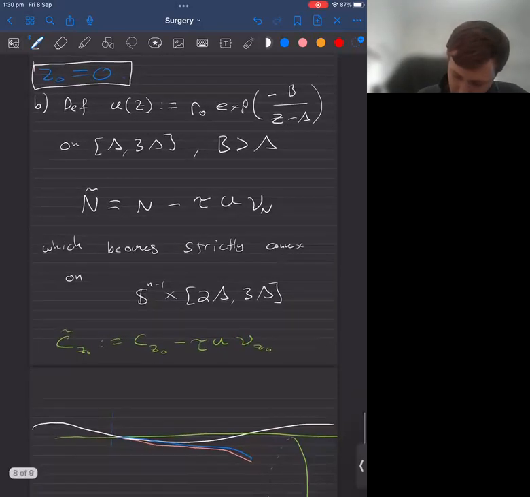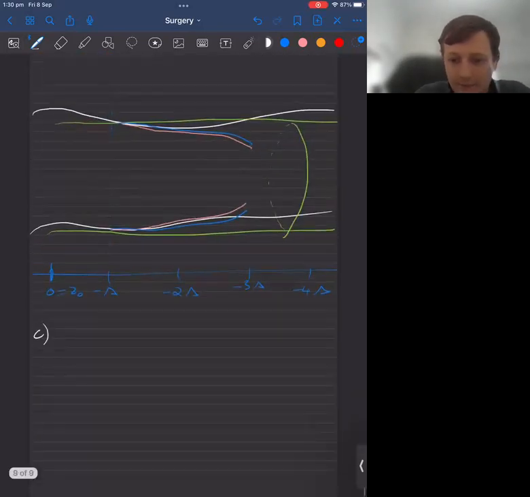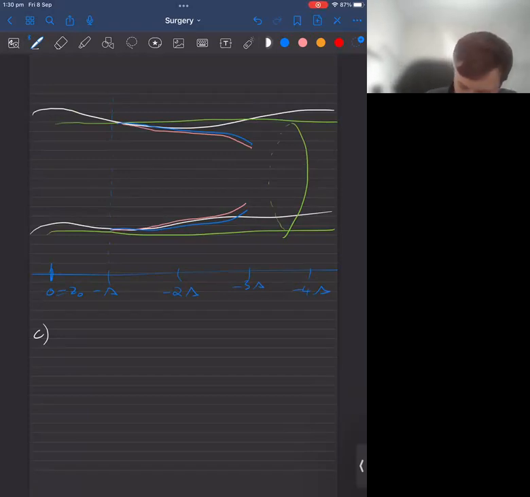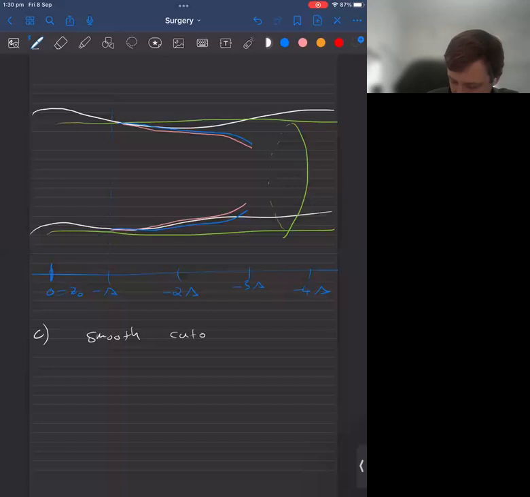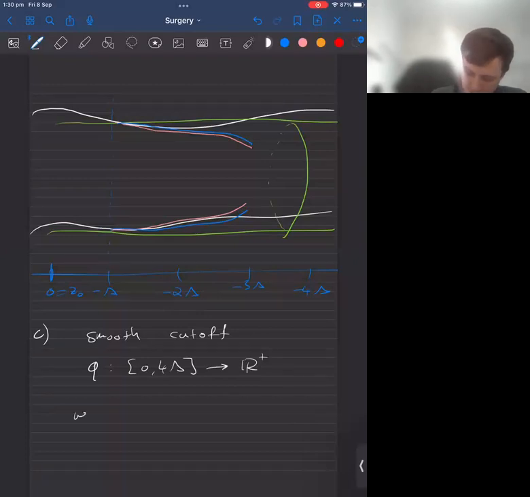Anyway, so the next step is to interpolate these things. This is not meant to be super precise, but I'm hoping it's at least slightly illuminating. So we take a smooth cutoff function. Essentially we want the cutoff function to look like 1 in this region.